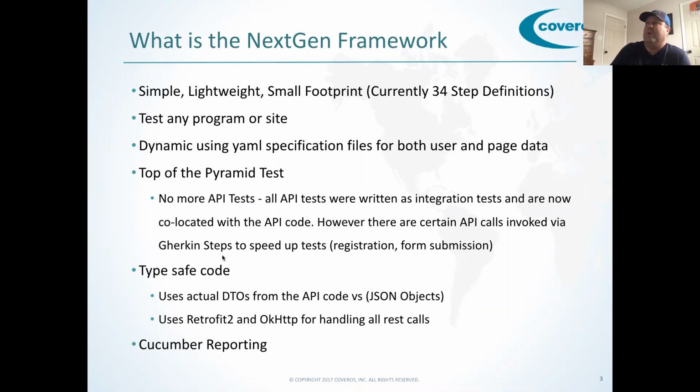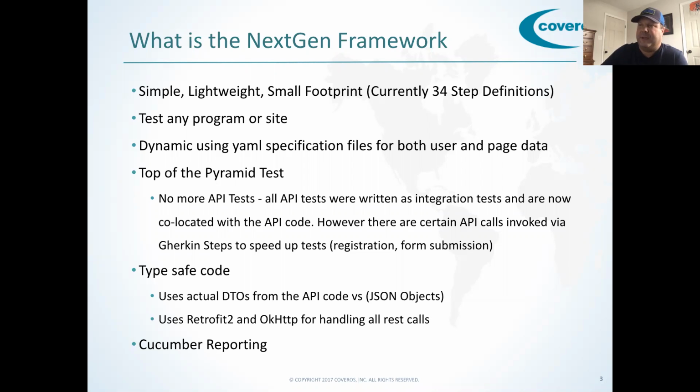Another thing with the next gen framework is type safe code. We're using the actual DTOs from the core API repo versus JSON objects. Some of the benefits there are if they update some of their DTOs and we're testing with JSON objects, the calls will start failing and we don't really know why.